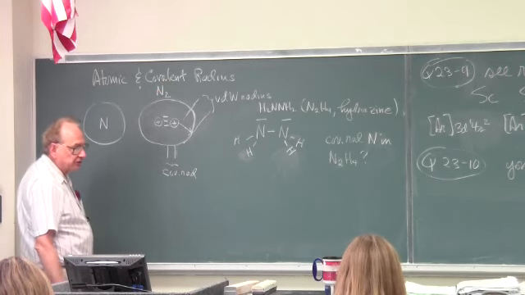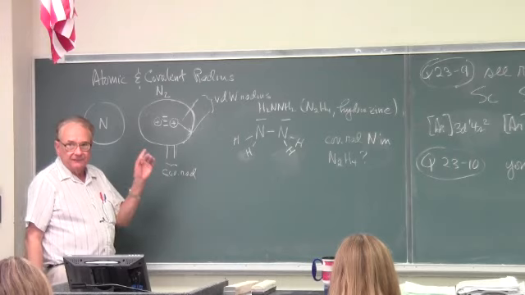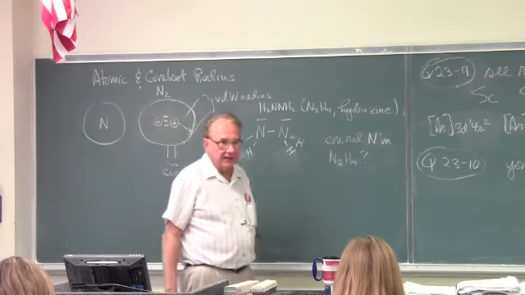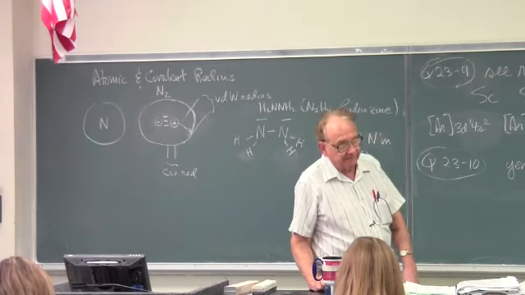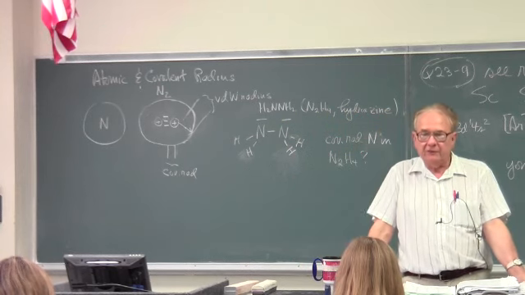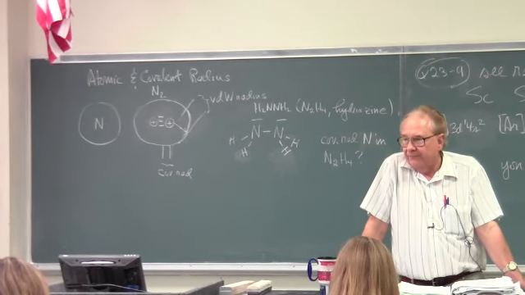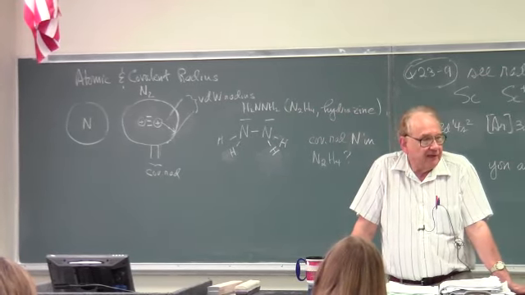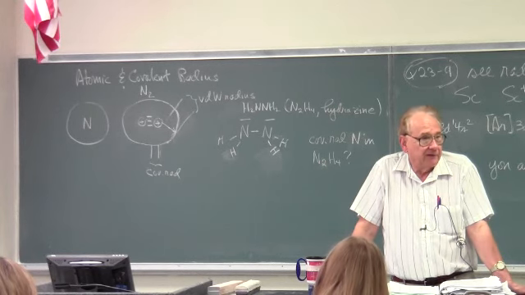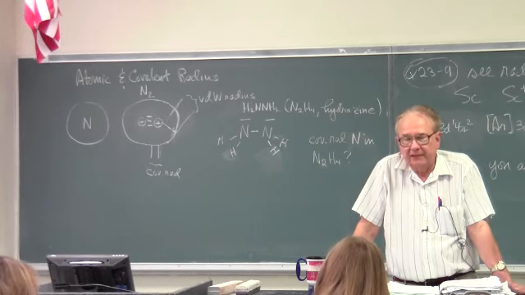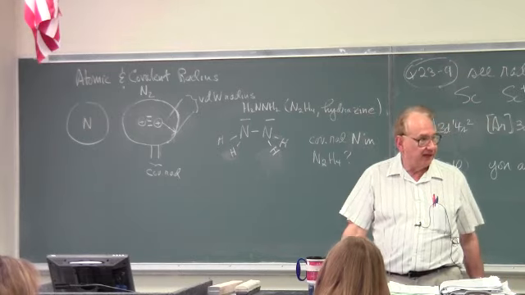Well, you know from Lewis structure analysis, the stability and integrity of the nitrogen molecule is maintained by a triple bond. So you can well expect the covalent radius of nitrogen in the nitrogen molecule is a good deal shorter than the atomic radius for the free nitrogen atom.